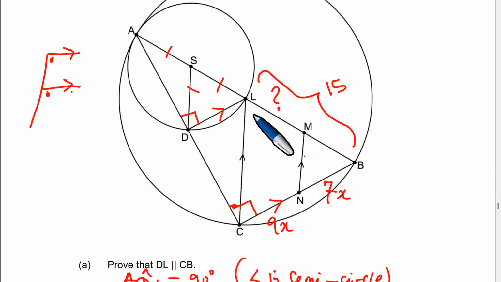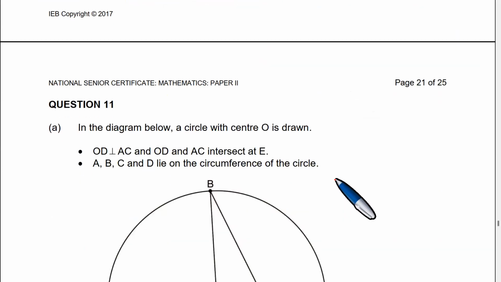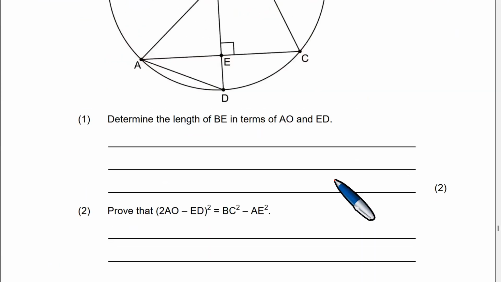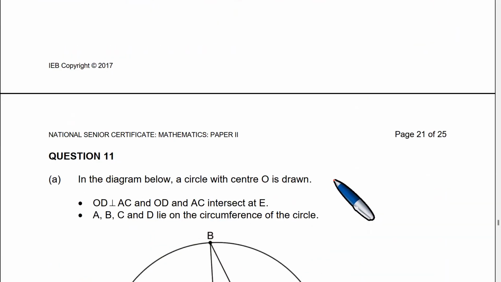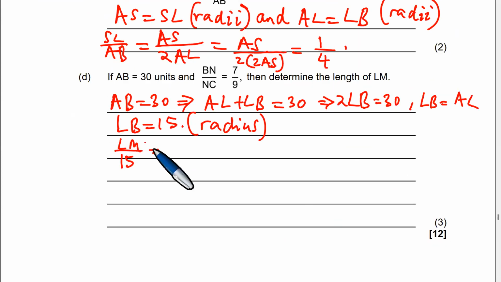It is the proportionality theorem we're using because if we're saying LM over 15, it must be equal to CN over CB.